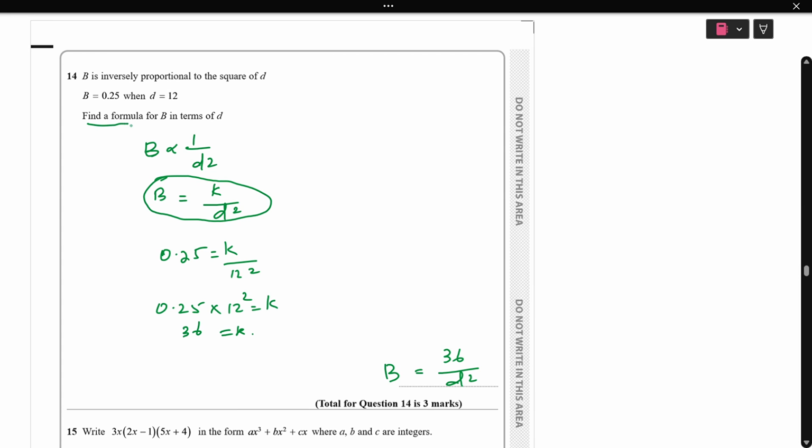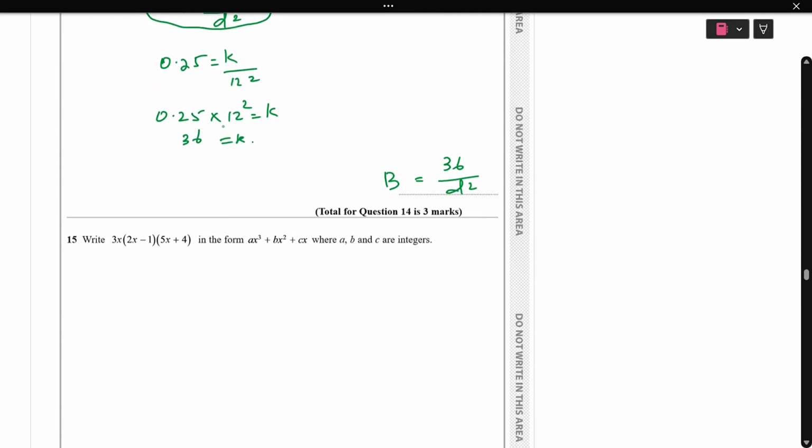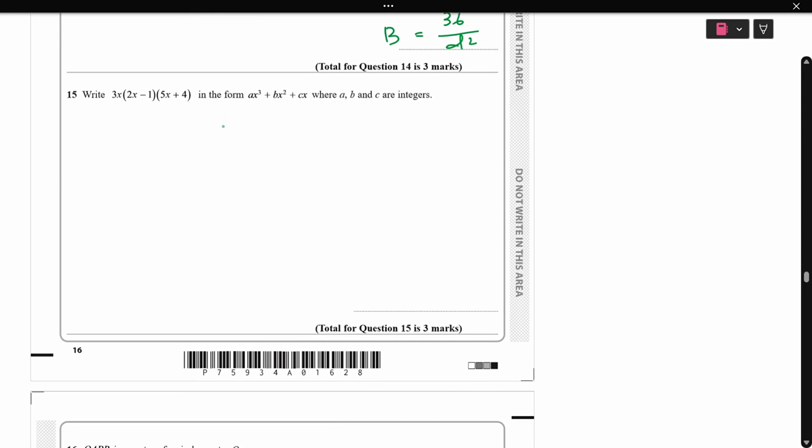Find the formula in terms of D. Okay, so next question, just expanding. First, I'll multiply here and here. So the answer is 6x squared minus 3x, then 5x plus 4.